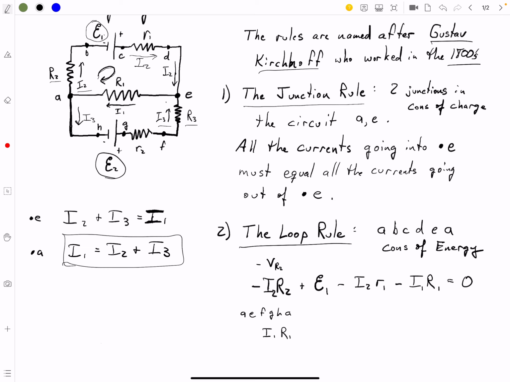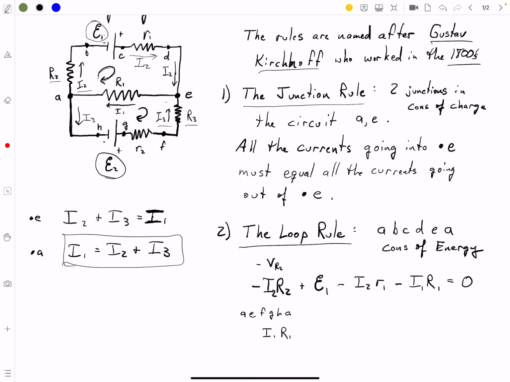It's positive because we're going up the stream. Instead of taking energy away from the circuit, I is working in reverse, and so it's adding voltage to our Kirchhoff law.